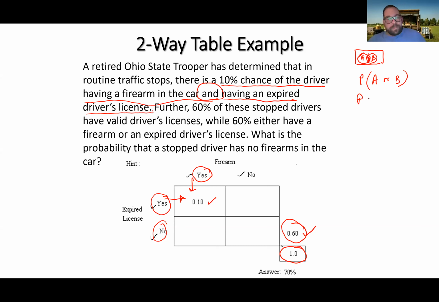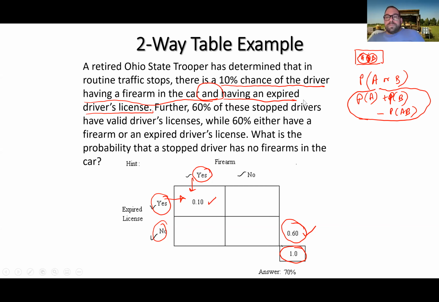We said that probability of A or B is probability of A plus probability of B. Well, wait a second, I have taken the common ground twice, and therefore I subtract the common section. That's the way of capturing the probability of two events, A or B. We'll get to that 60% of firearm or expired driver's license in just a second.